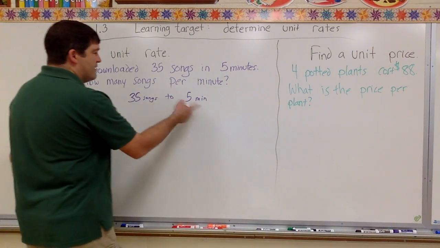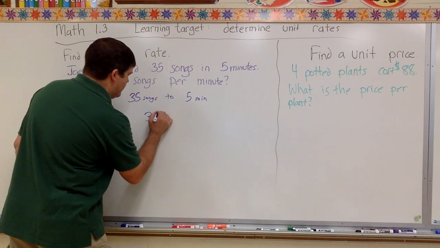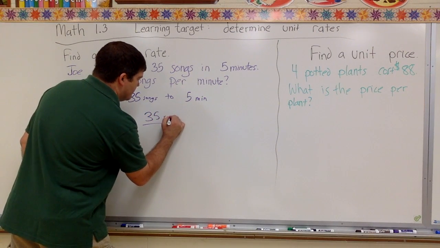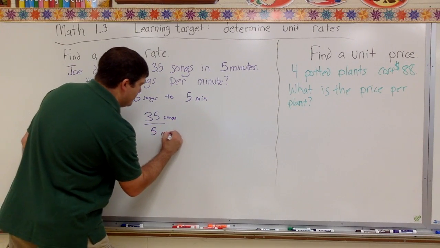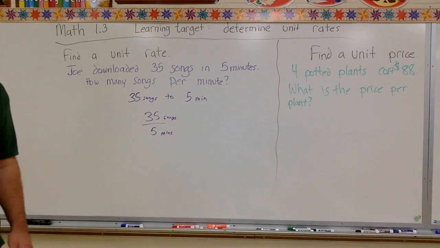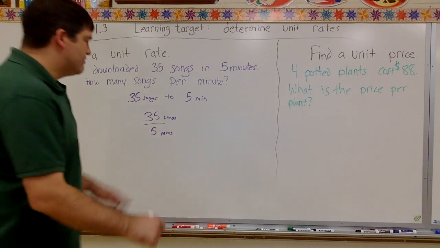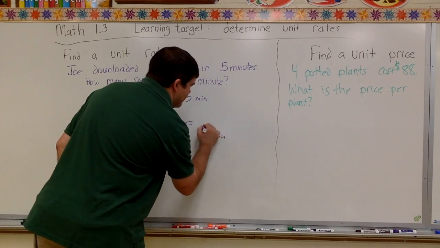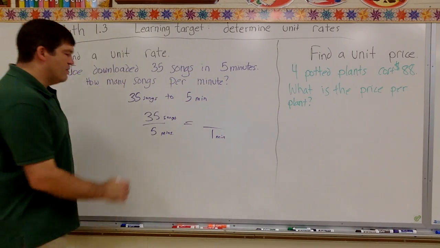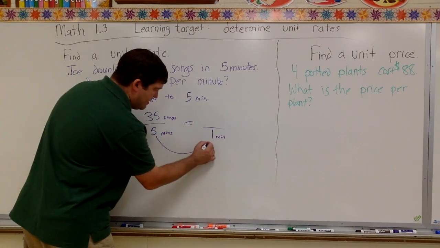Now, if I want to set that up, that's a ratio. I could set it up like a fraction: 35 songs to 5 minutes. And I want to get it per minute, so I want this to be 1 minute. So what do I have to do to get from here to here?